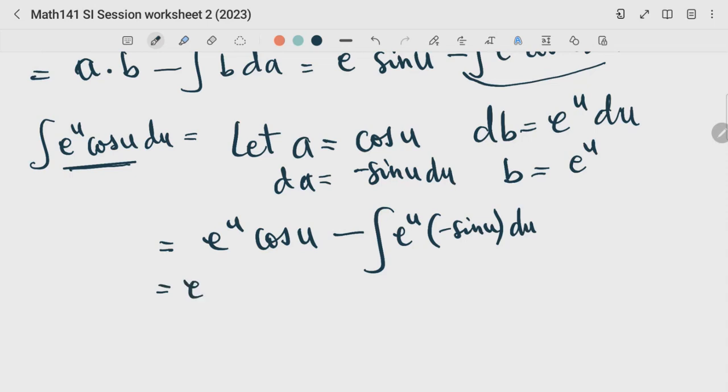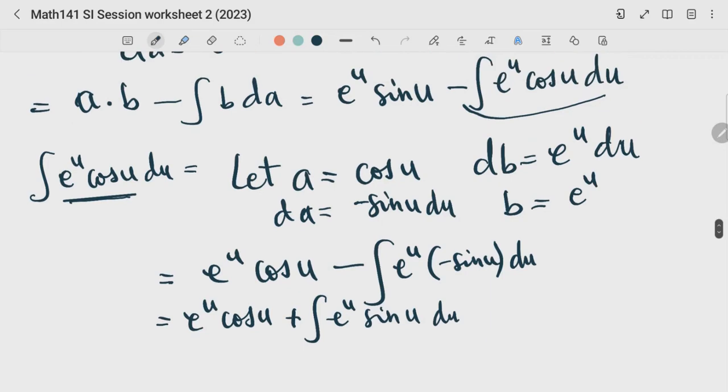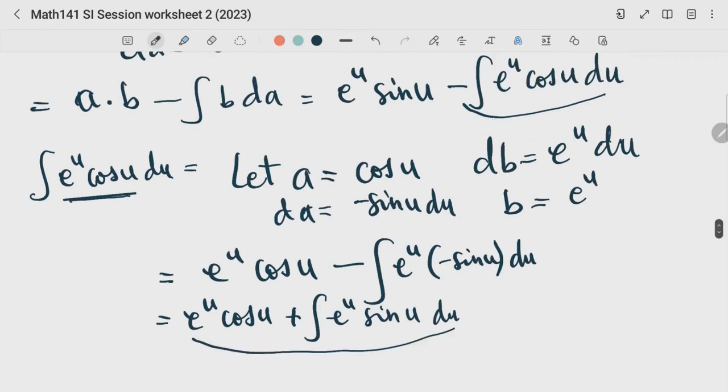This is equal to e to the u cos u, minus, so these two minuses will just become positive, plus the integral of e to the u sine u du.